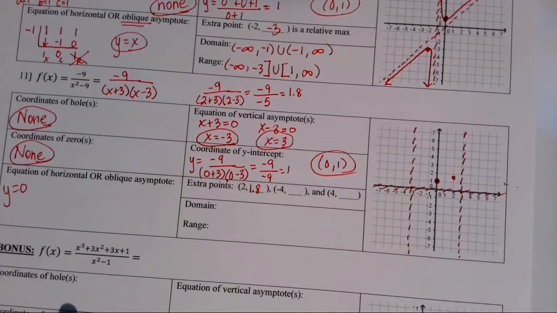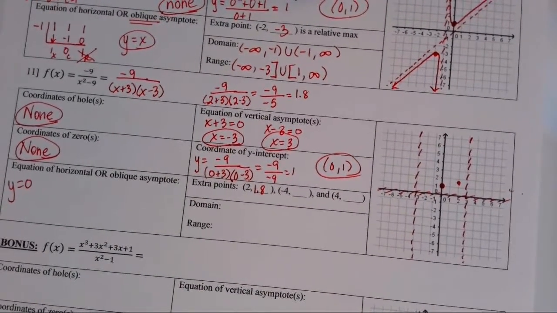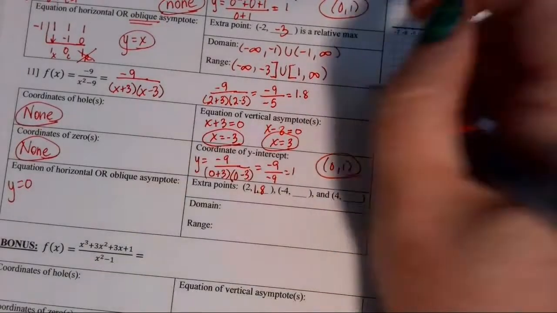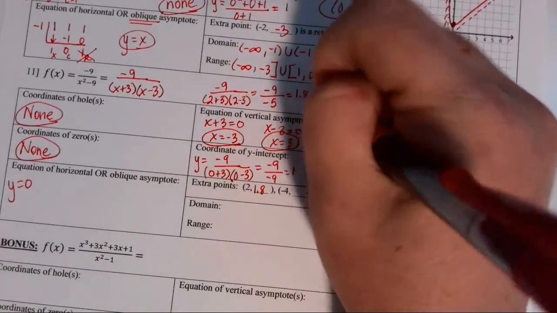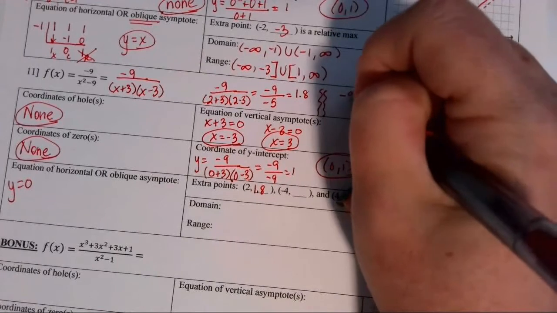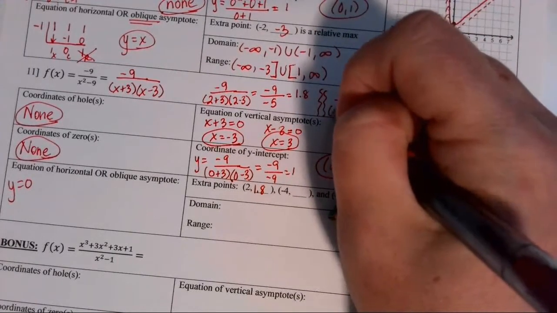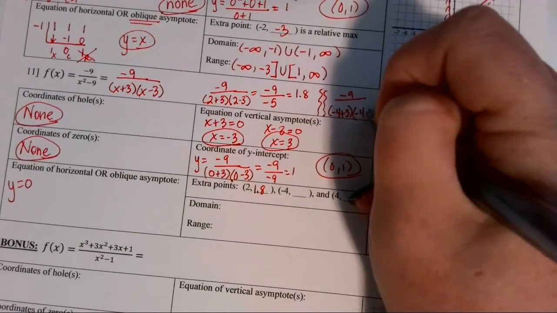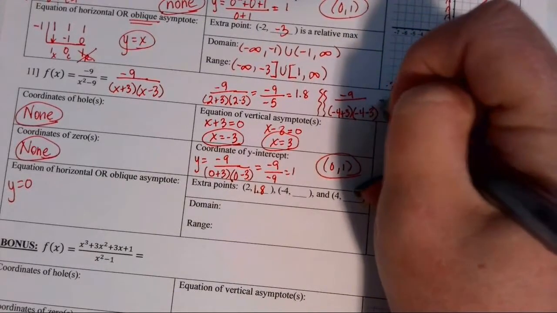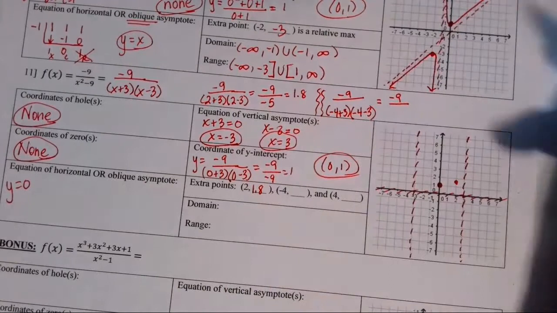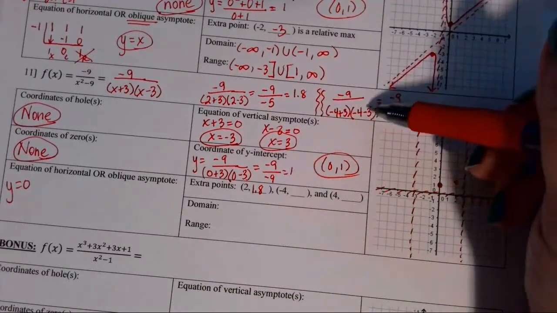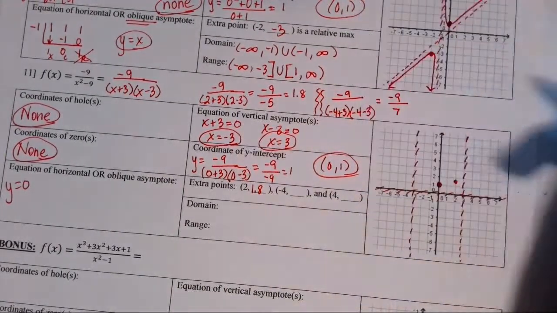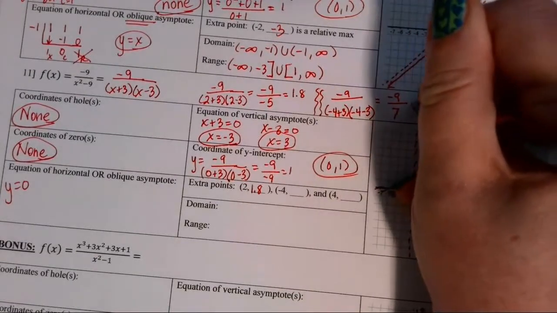Okay, then -4, when we put that into the equation to find a point for our graph, -9 divided by -4 plus 3 times the quantity -4 minus 3 would be -9 over -1 times -7, which is +7.